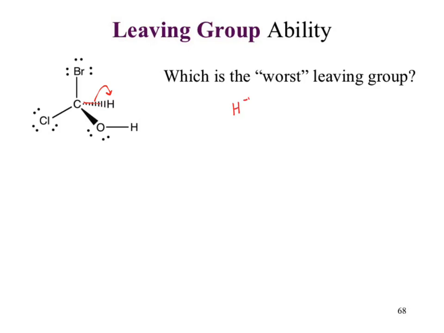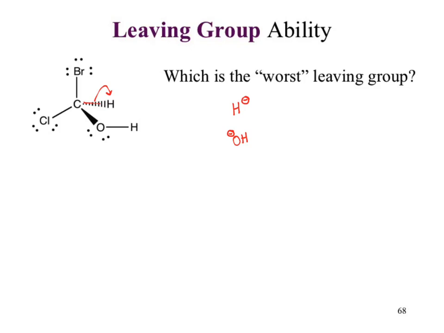As a leaving group, it removes the electrons and it becomes H-. Why would H- be worse than OH-? They both have the same charge. But when I move to size, oxygen is larger than hydrogen. So oxygen can better stabilize that.